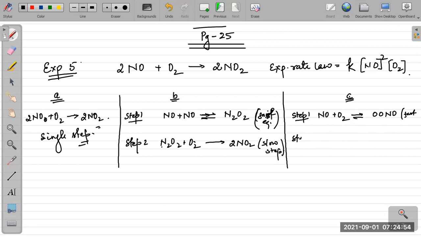And then in step 2 there happens to be another NO molecule coming and interacting with OONO to give 2NO2, and this happens to be the slowest step.